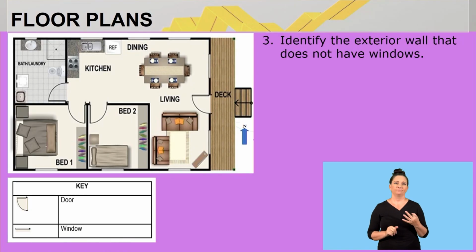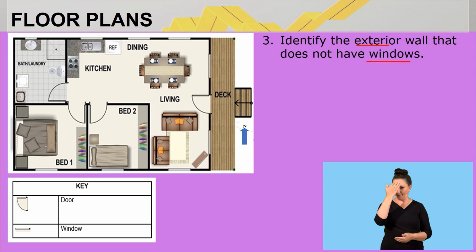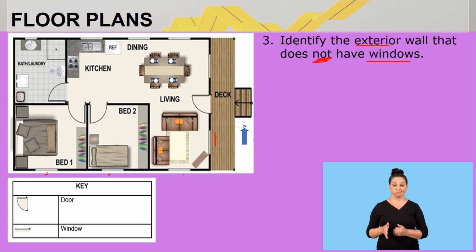In question number 3, we are saying identify the exterior hall that does not have windows. So the important part, it does not have windows, and it must be an exterior hall. Now I'm going to start here. South. Can we see we have windows at this hall? Here's a window. There's a window. So it's definitely not that door. We agree? Let's look at our eastern hall, this one on this side.